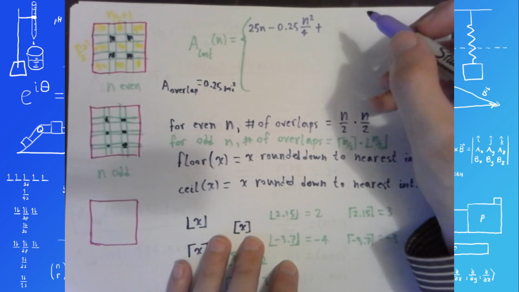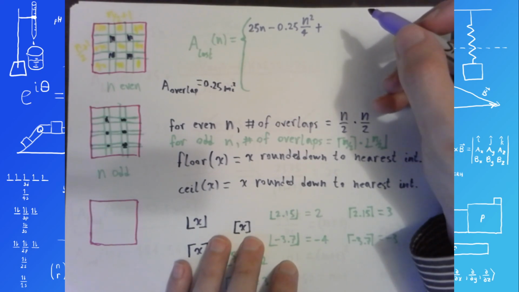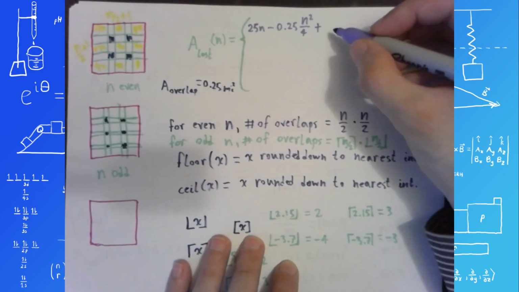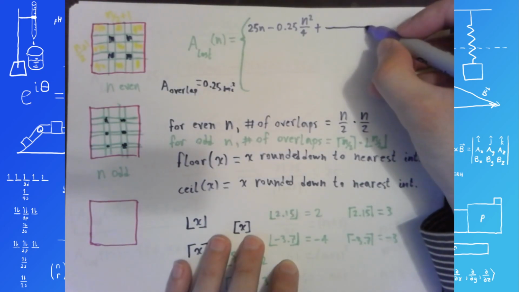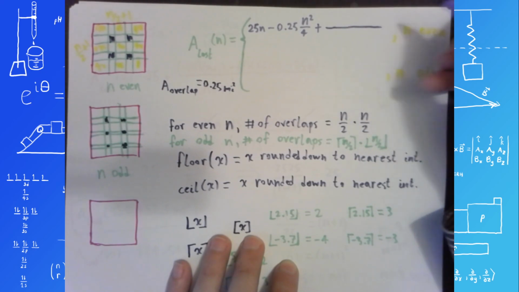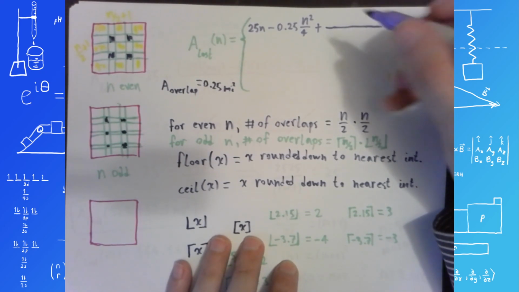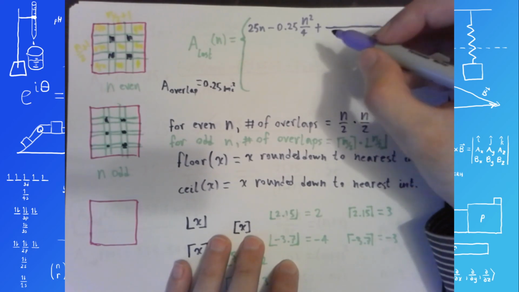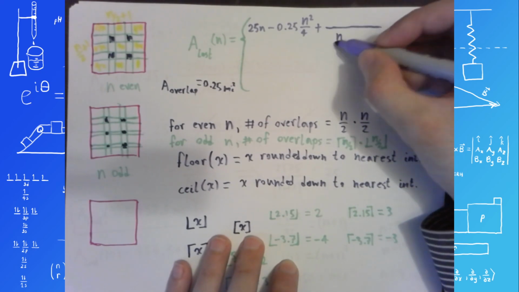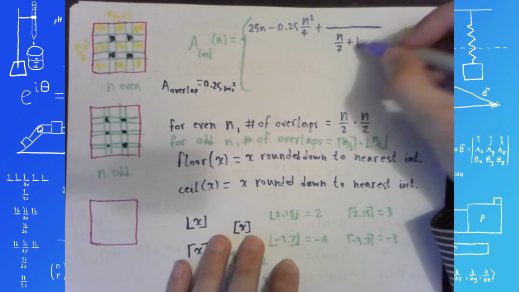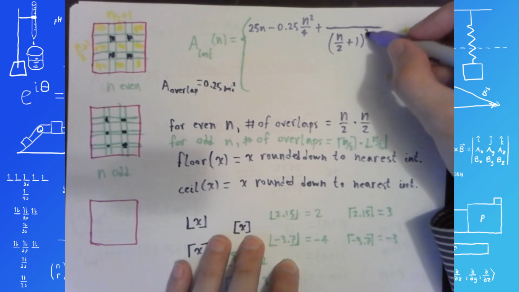Plus the area of one region that we're going to lose to fire. We're going to divide by the total number of regions, which is n over 2 plus 1 times n over 2 plus 1, so n over 2 plus 1 squared.